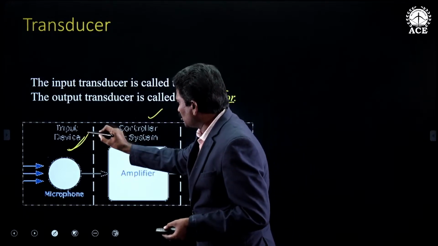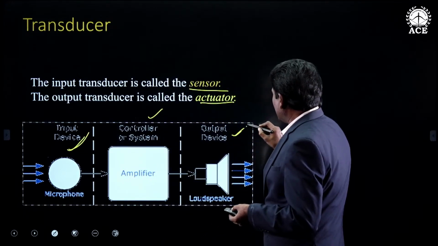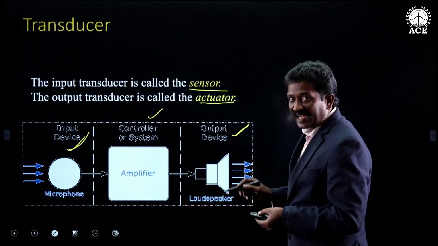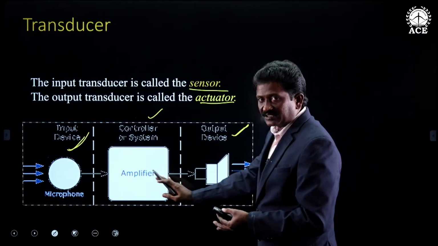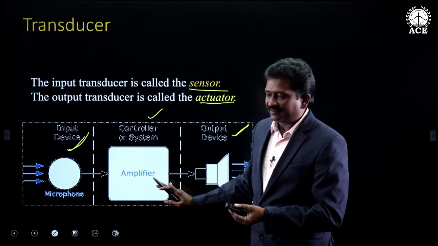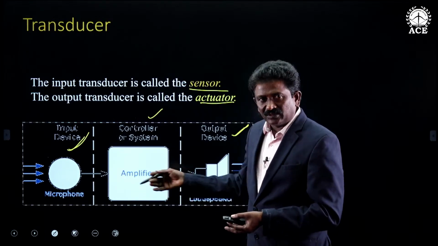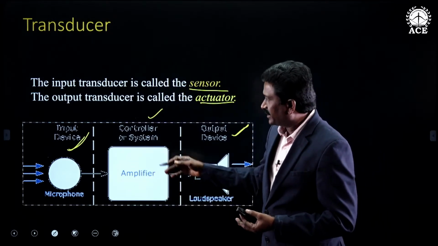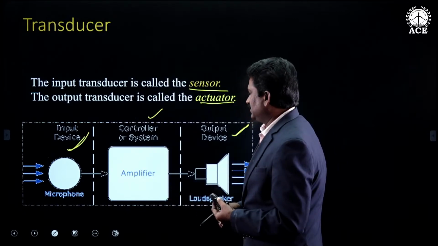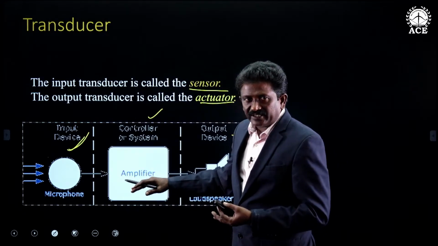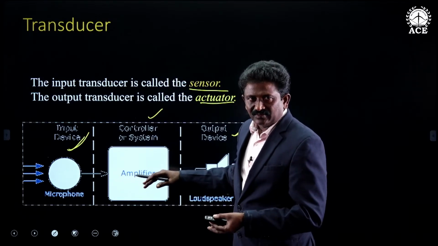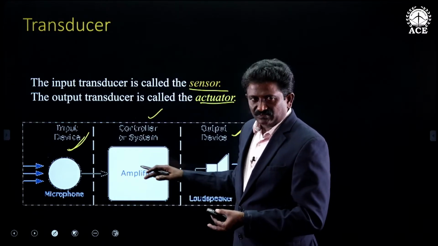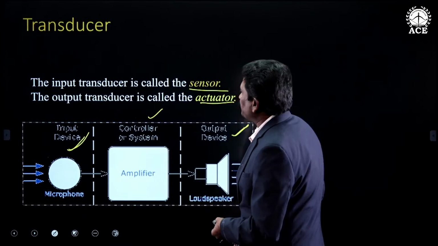Between the sensor and actuator we have a device called the amplifier. With the help of the amplifier we are able to strengthen the output of the sensing element. In place of the amplifier you can take any controller, either a microcontroller, microprocessor, or advanced types of processors also.